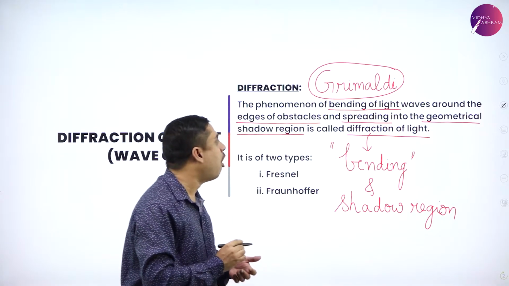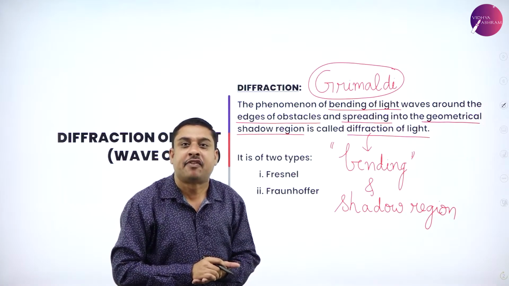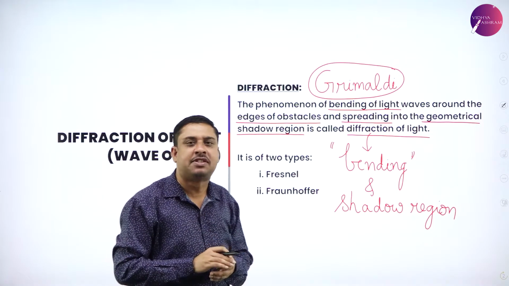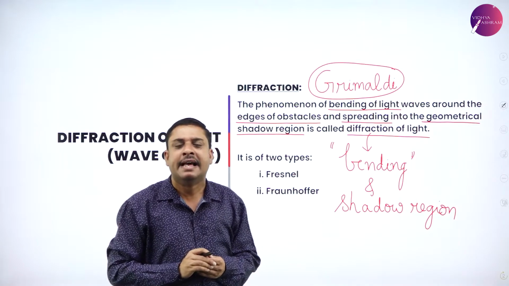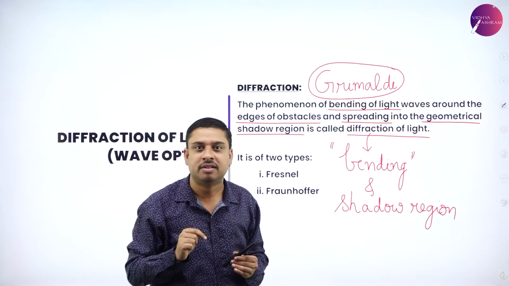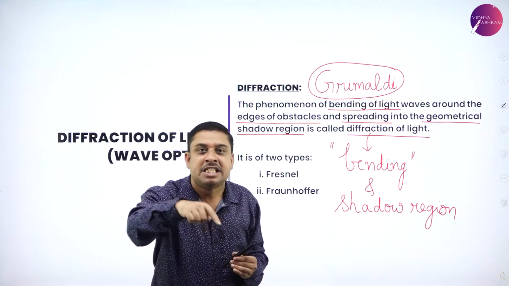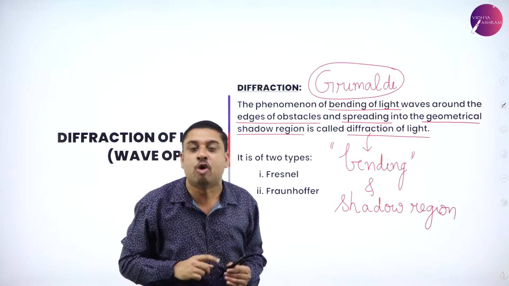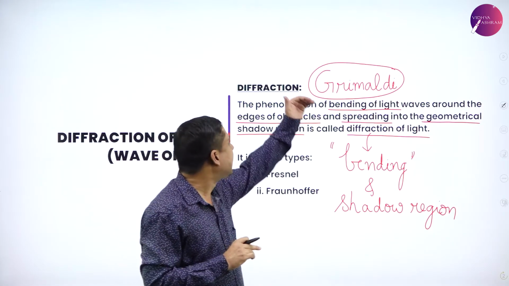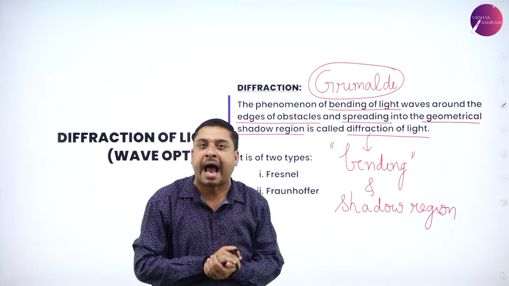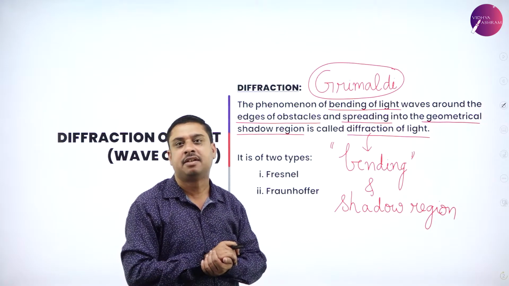This is what we call diffraction of light. If you have clearly observed, when light passes through a keyhole, circular shaped or circular pattern shadow is formed. That is basically because of diffraction of light.